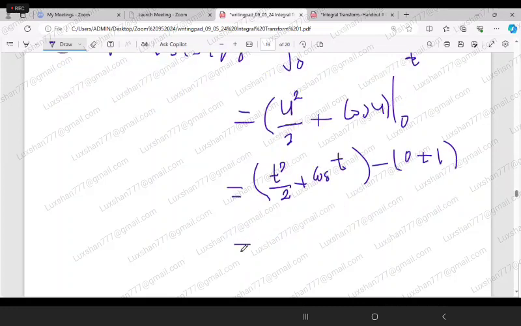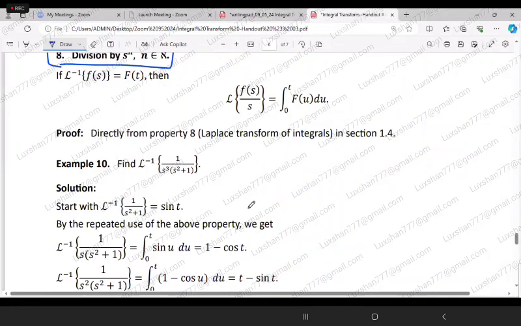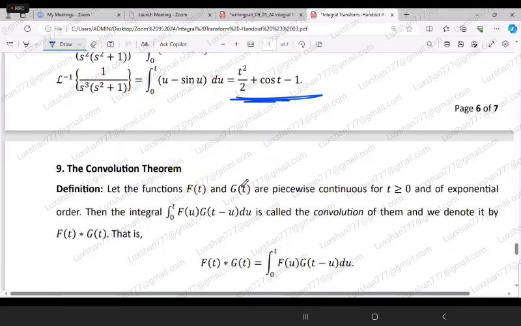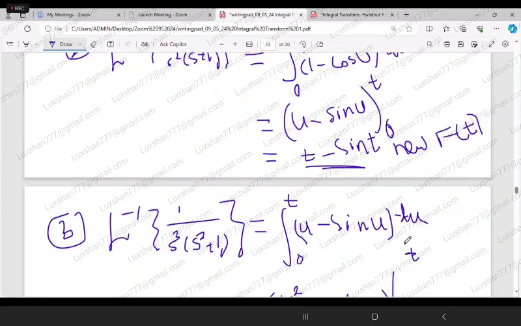So which is equal to t squared by 2 plus cos t. Yeah, we're getting the same answer. Okay, so t squared by 2 plus cos t minus 1. Do you understand this? Yes, sir.